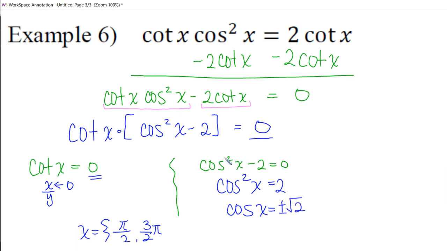Now square root of 2 is about 1 point something, which means it's larger than 1. And we talked about in class that our unit circle has a radius of 1, and that's as large as my x or y values will get. So since in this case my x value is larger than 1, we won't have any answers for this one, so we're just left with that answer.